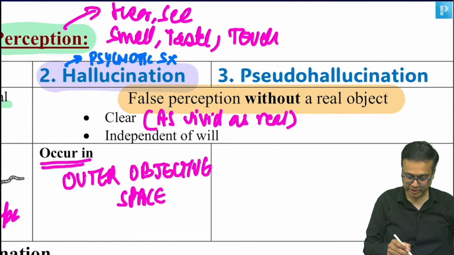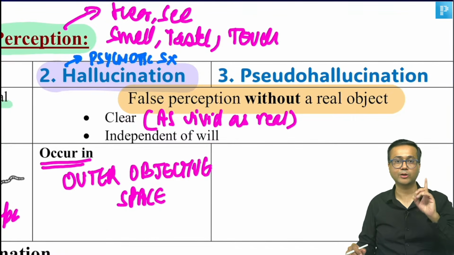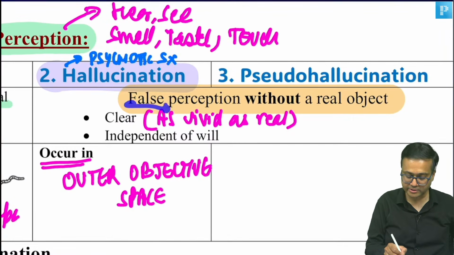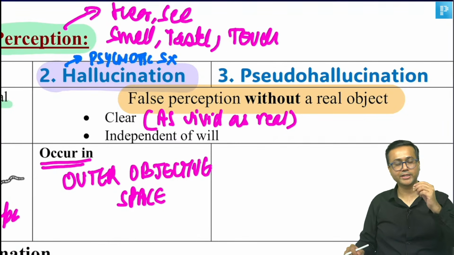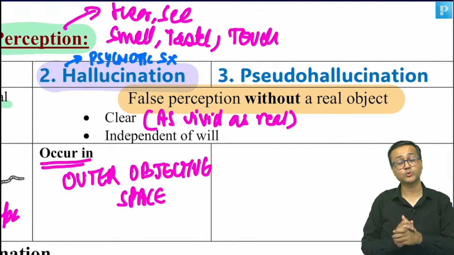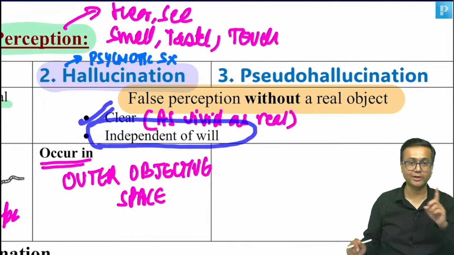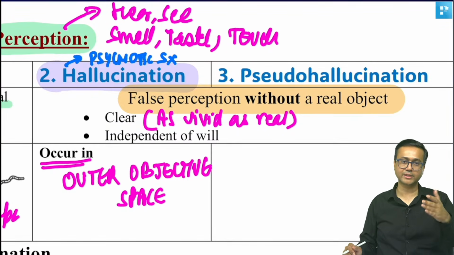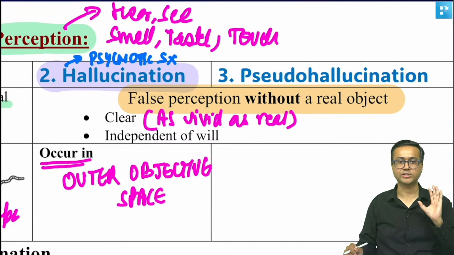It has all the characteristics of a real object, but the only thing is, it is not real, it is false. Have you seen that movie Lage Raho Munna Bhai? In that movie, Munna Bhai can see and hear Mahatma Gandhi. We know Mahatma Gandhi is no more with us, but he can see and hear him very clearly and not under his control. And where is he able to experience it? In the outer space. So this is classically how a patient may experience hallucination.